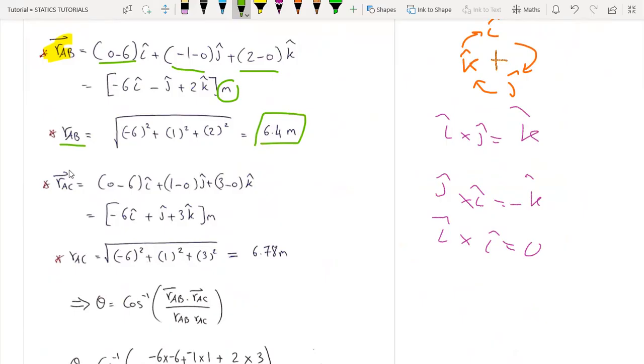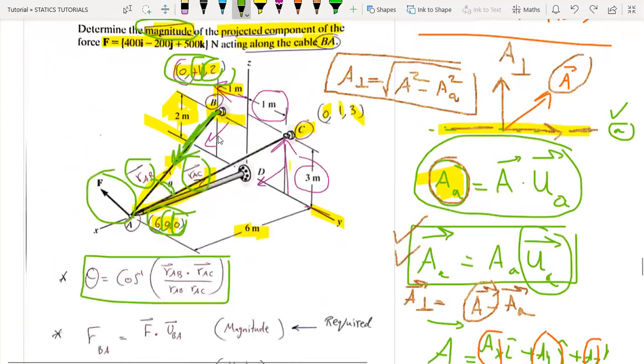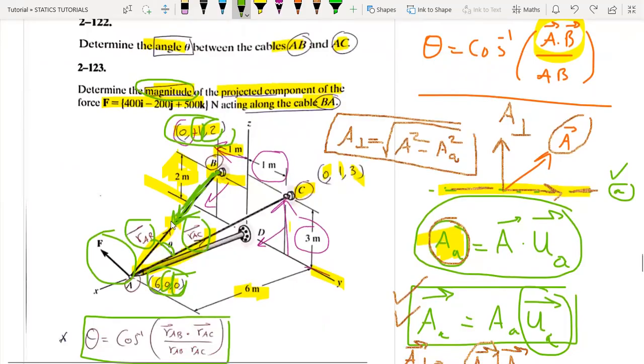And also we need the position vector and the magnitude of the cable AC, because we are dealing with these two cables here, AB and AC.